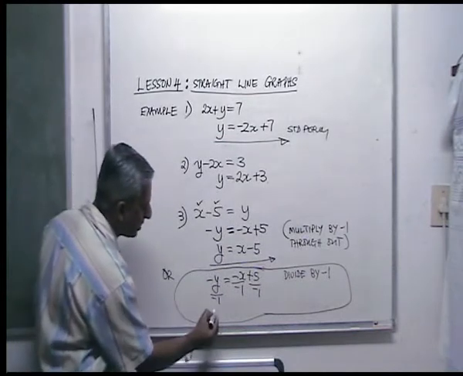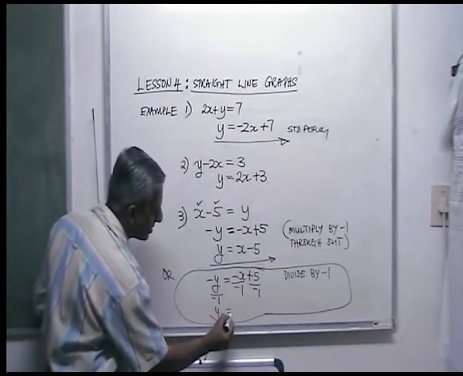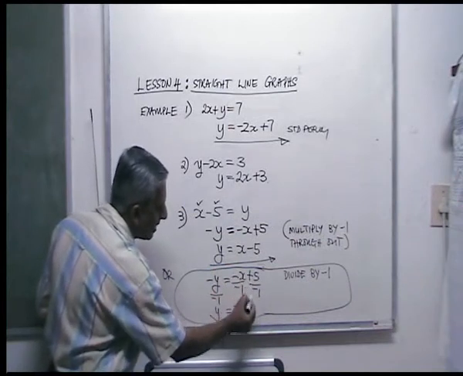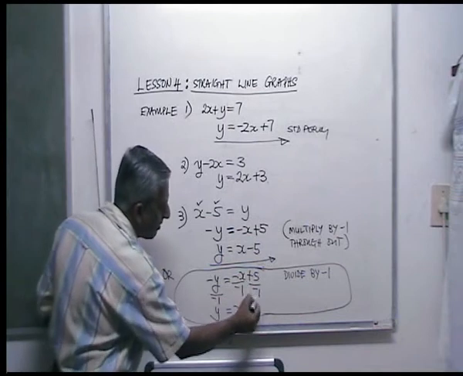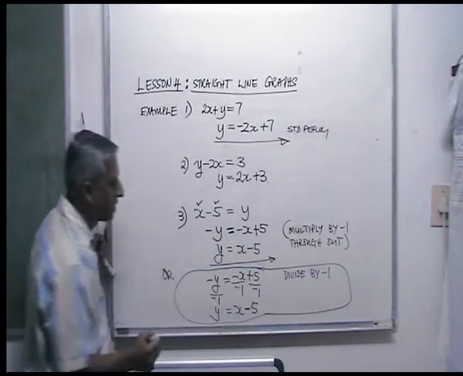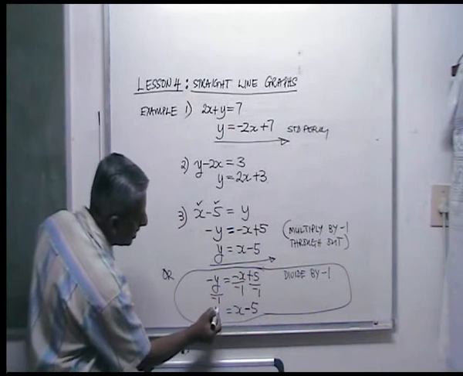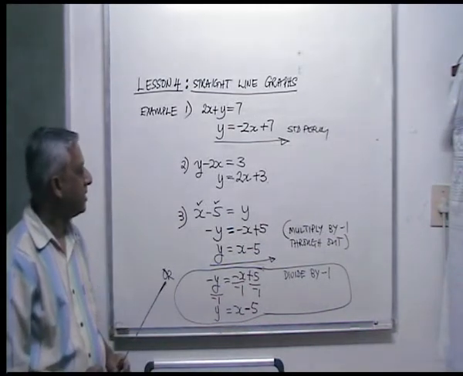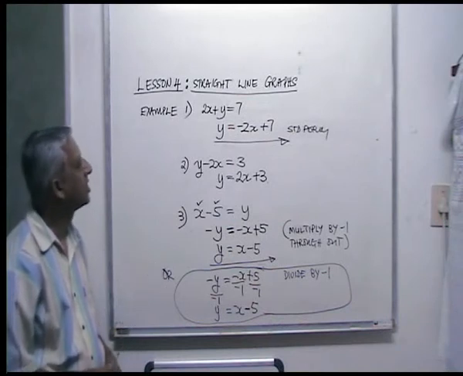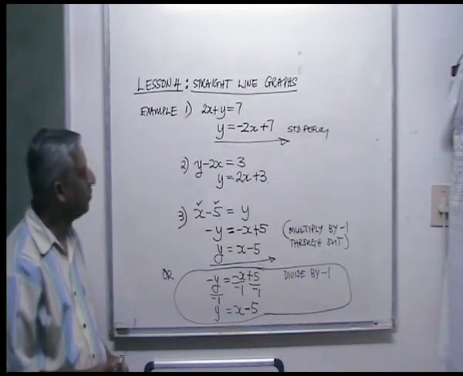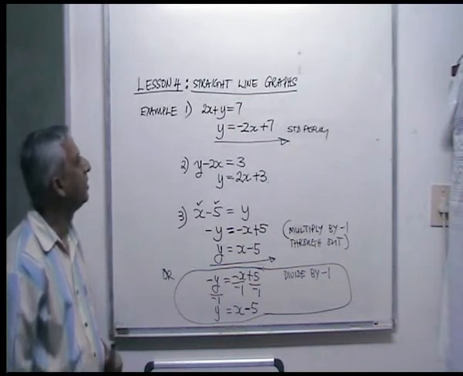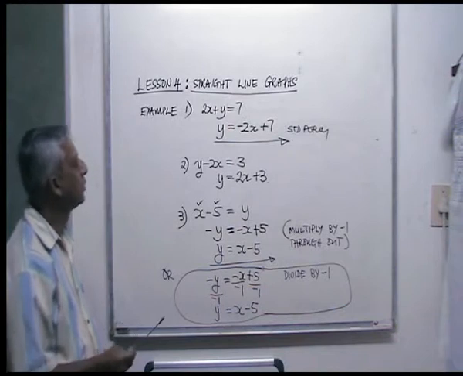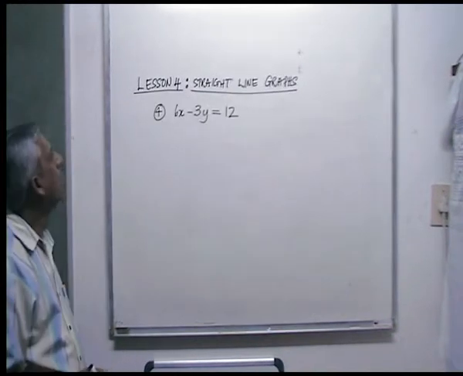Minus divided by minus will give you plus. Plus divided by minus gives you minus. 5 divided by 1 is 5. You still get the same answer: y is equal to x minus 5. So that's how you bring things to standard form. I'm going to do a few more examples and then I will give you an exercise where you will have to bring straight line equations to standard form.